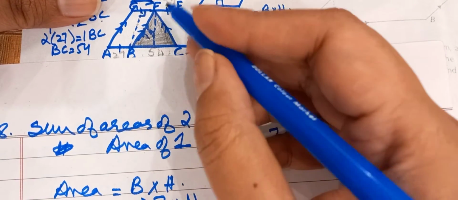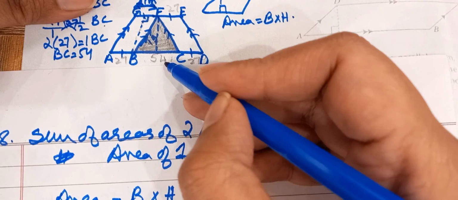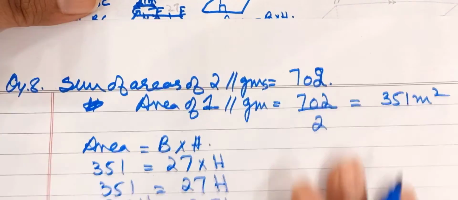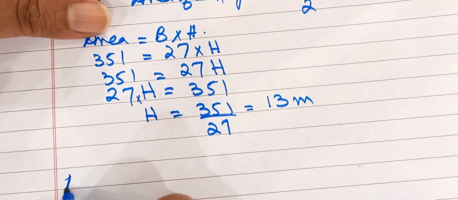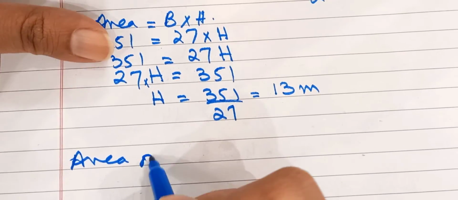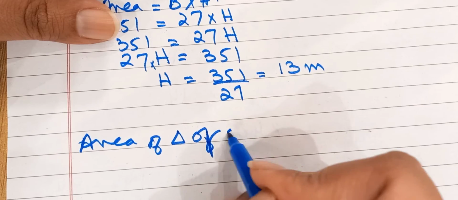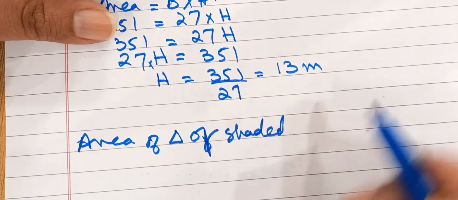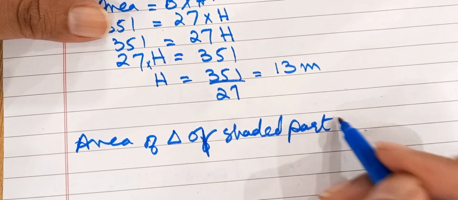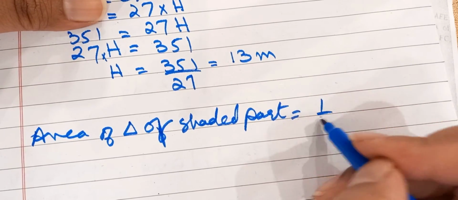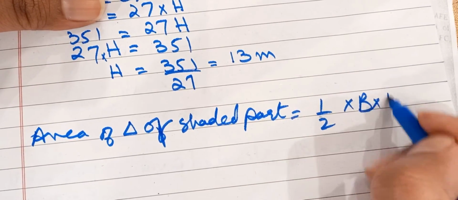Now I know my dimensions, so I will calculate the area of this triangle. I know the height and the base of the triangle, so I will write down the area of the triangle, or shaded part, which is a triangle. So 1 by 2 into base into height.